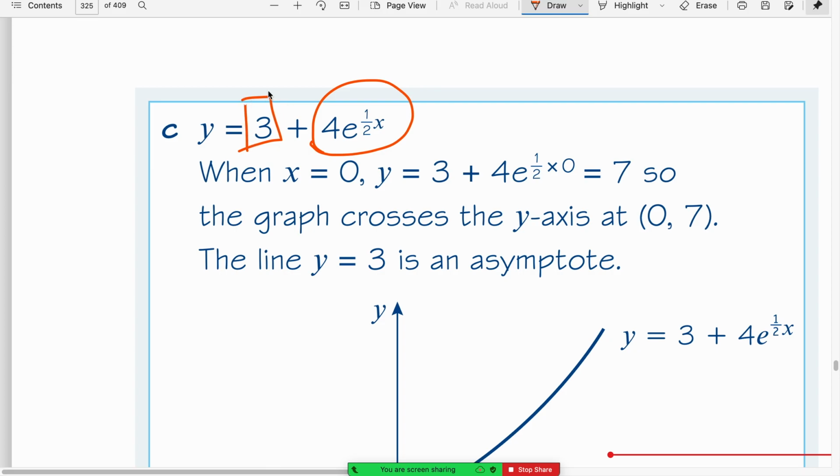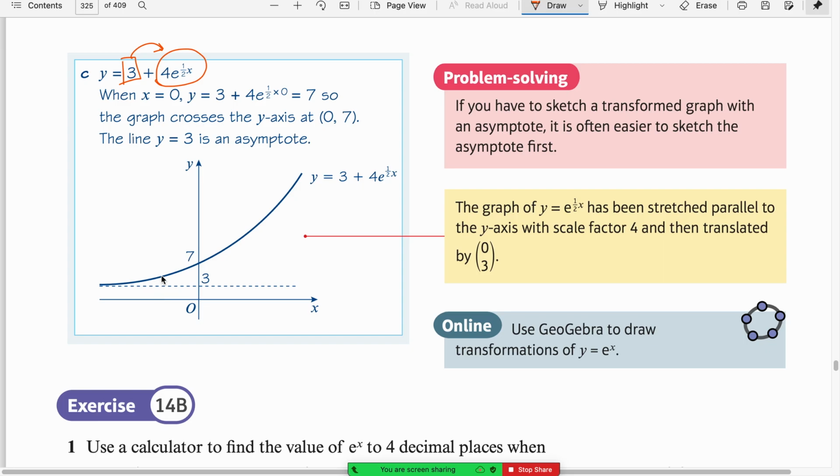But this 3 actually adds up to whatever the value was there. So if you decrease this value even to 0, which would not happen, but closer to 0, it is always adding 3 to it. So the value is never decreasing below 3. The graph is coming closer to 3 but never touching it. So the asymptote is y is equal to 3.